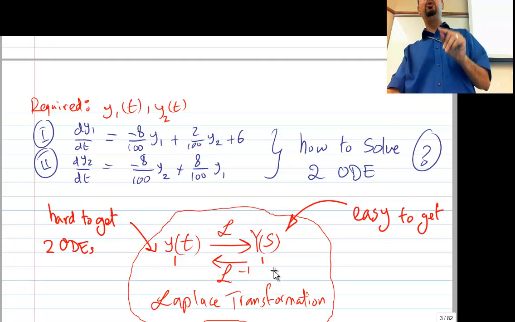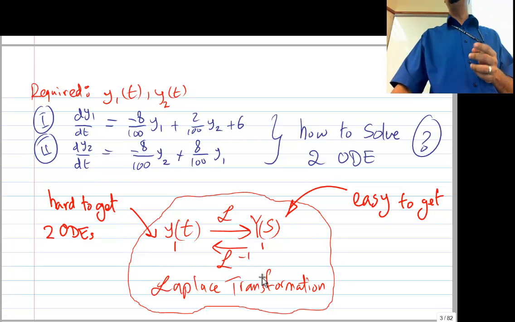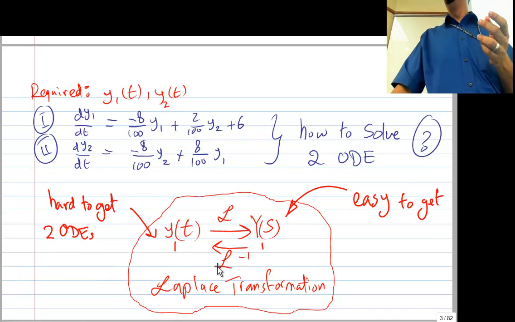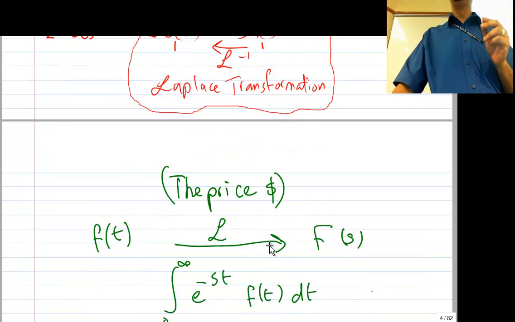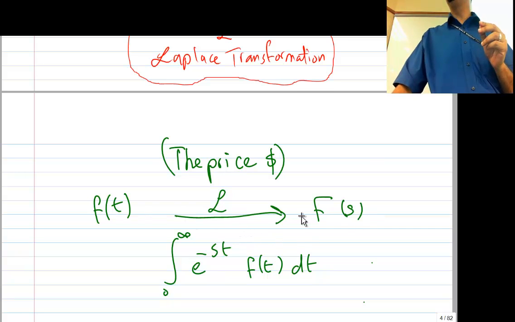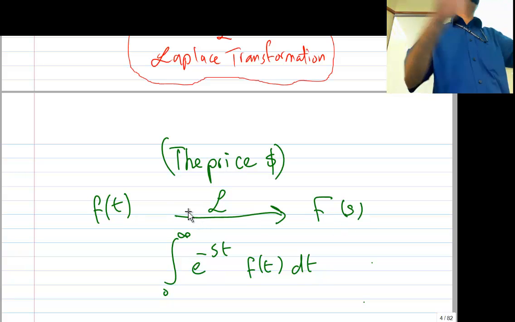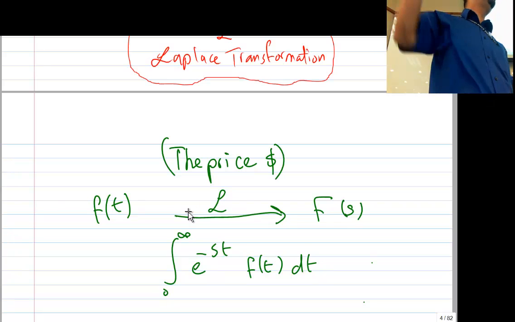Of course, right now you should know that there is no free lunch. How come it's so easy to get the solution over here? Well, the price is this transformation. The price is to turn f of t into f of s, whether this f of t is sine t or cosine t or t square or t.